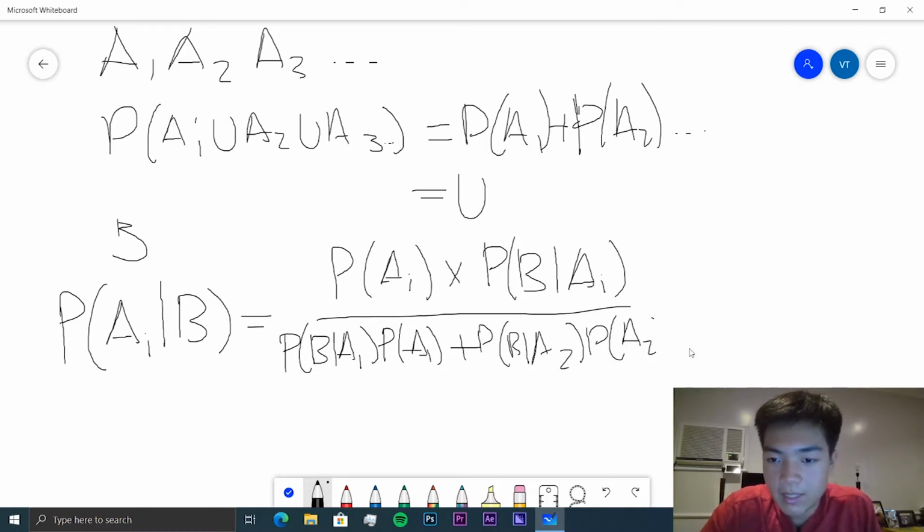And so we can apply this theorem to solve many questions. So let's jump into some questions.